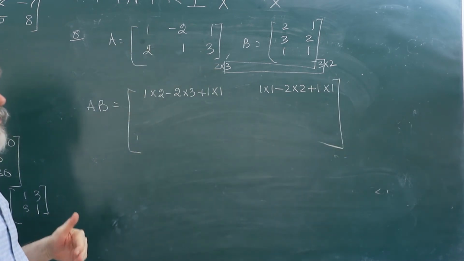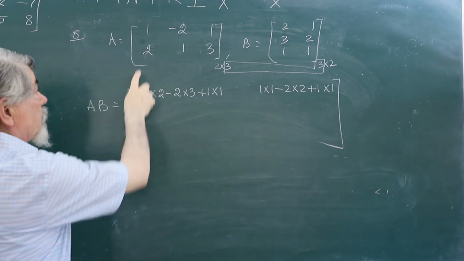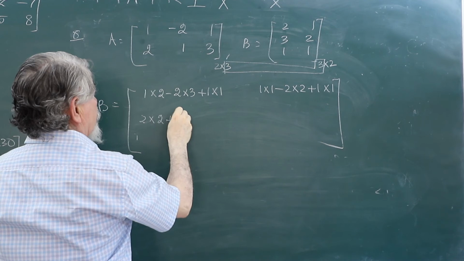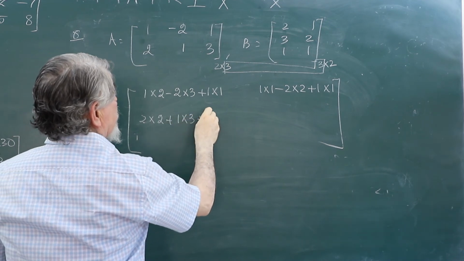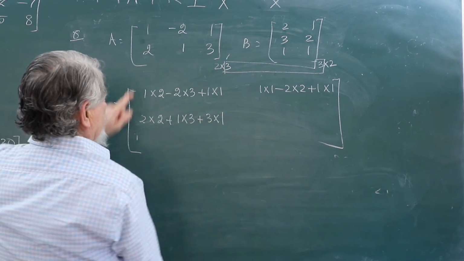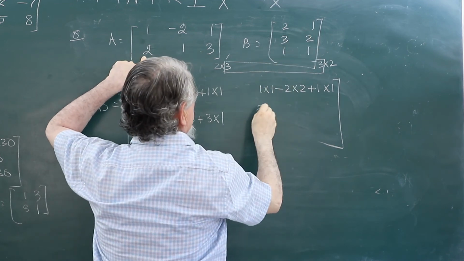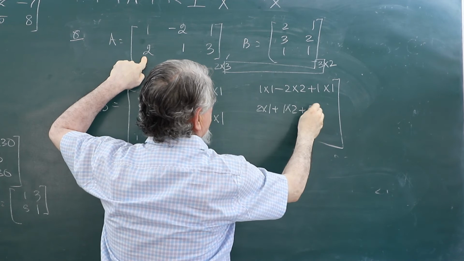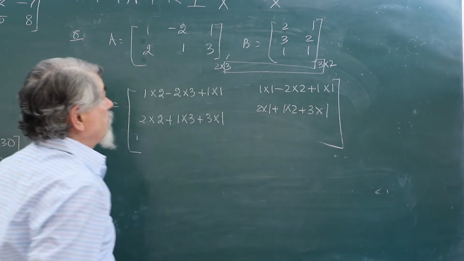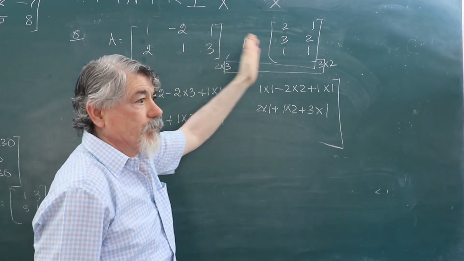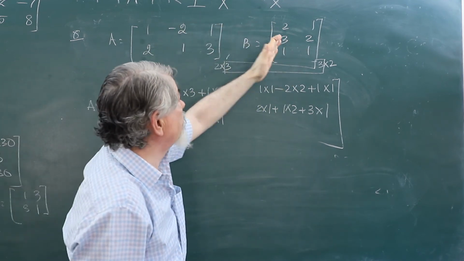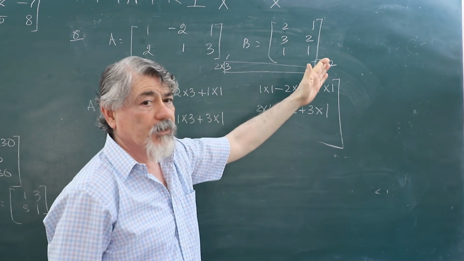Then second row, first column: 2 into 2 plus 1 into 3 plus 3 into 1. Then 2 into 1 plus 1 into 2 plus 3 into 1. First row, first column, first row, second column, second row, first column, second row, second column.